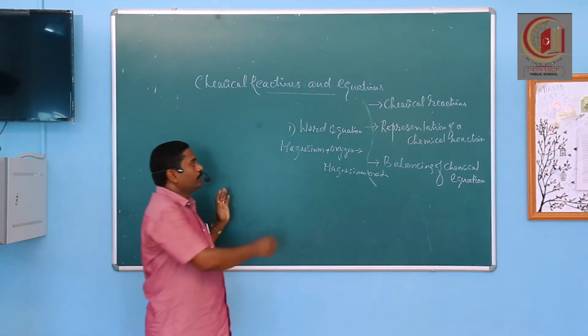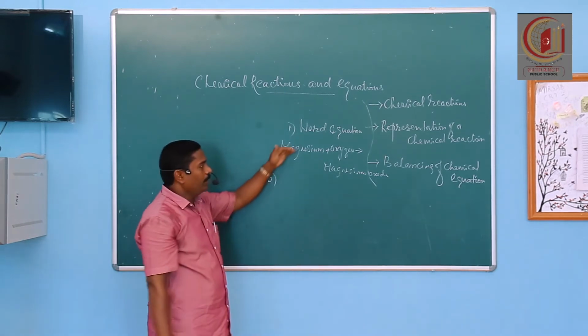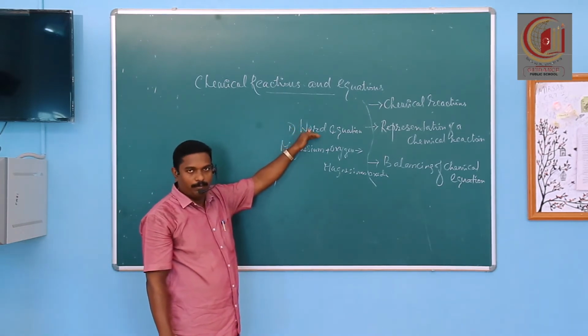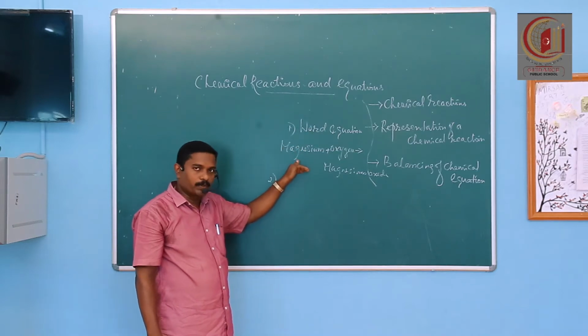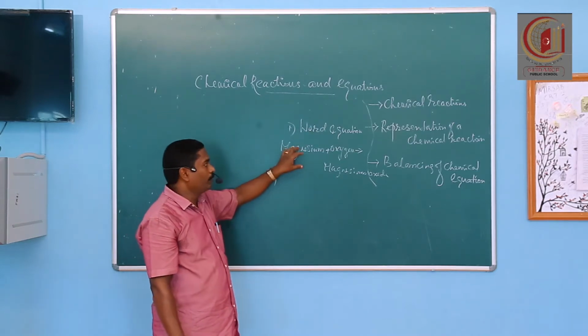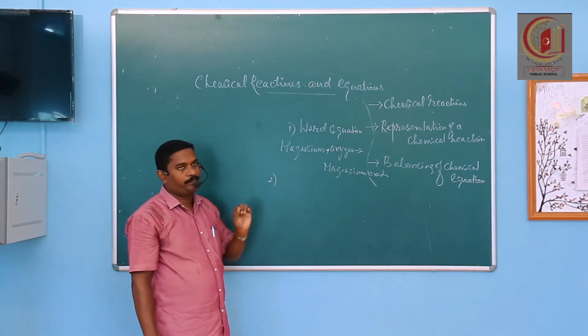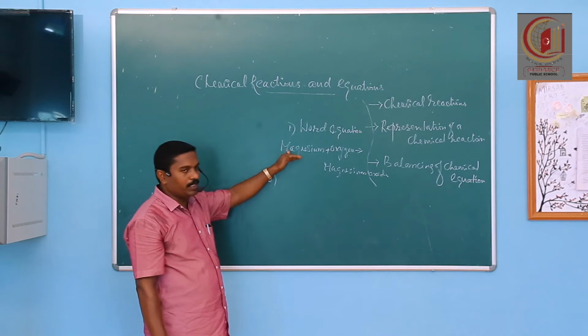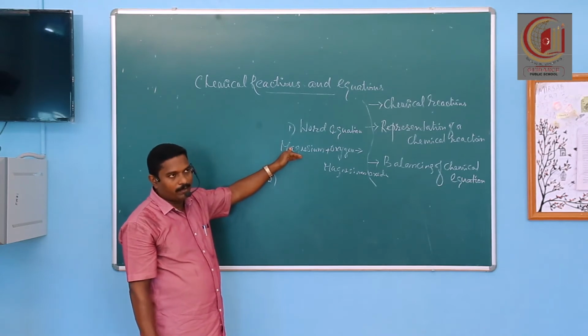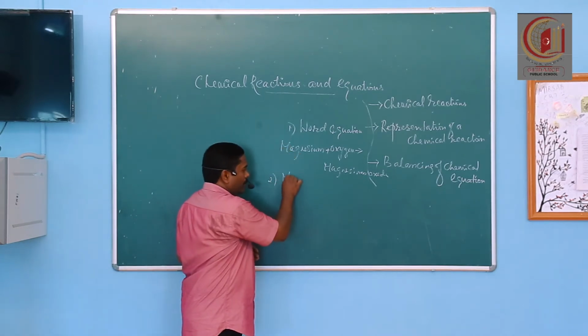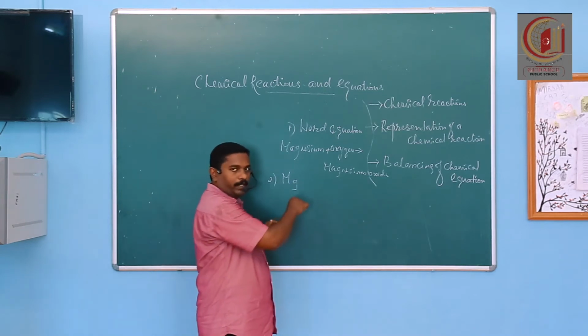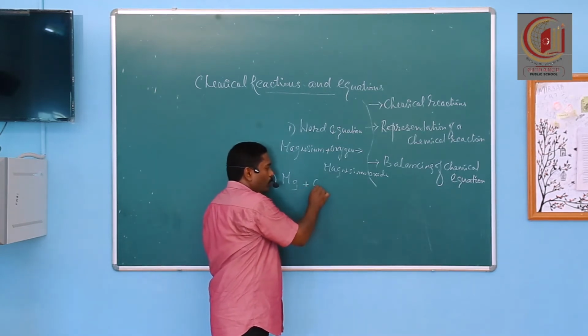Then, second one, this word equation can be represented by using the symbols of these elements and compounds. As we know, what's the symbol of magnesium? Mg. Then what is the symbol of oxygen? O2.